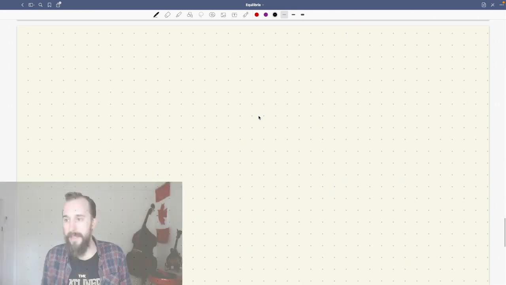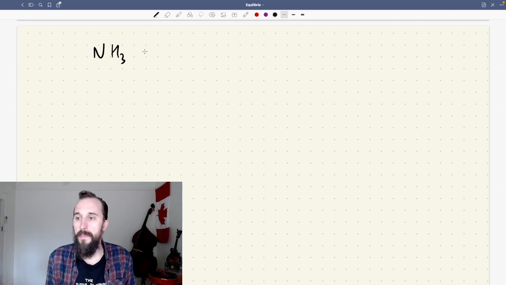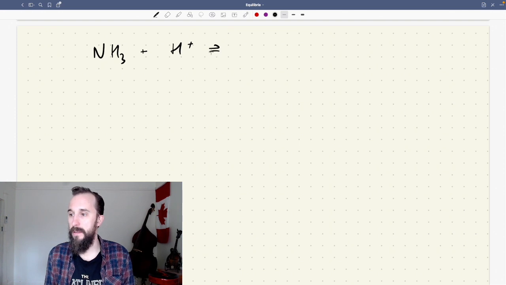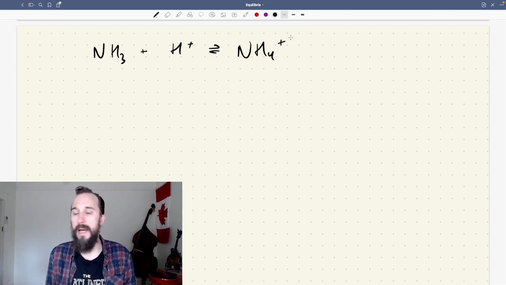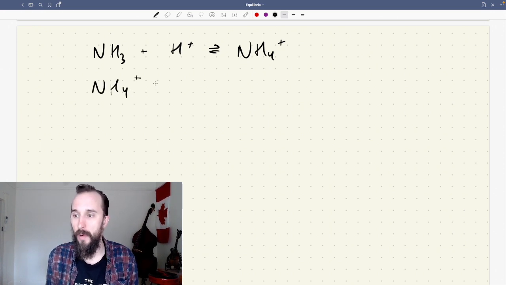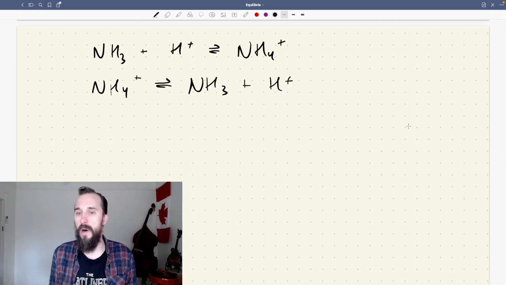So let's consider this. Like I say, we've got a base accepting a proton to form the conjugate acid, NH4+. Well, let's consider that from the NH4+ perspective. NH4+ is going to go to NH3 plus hydrogen ions.